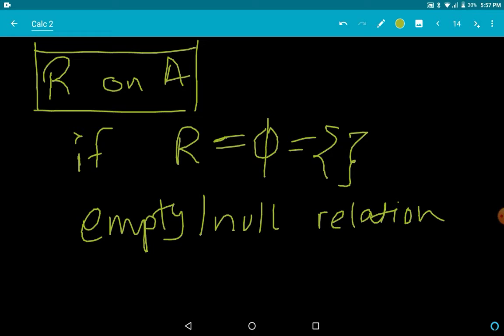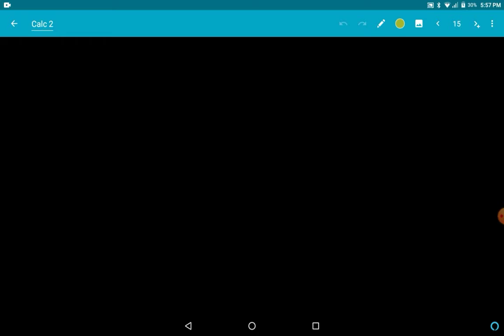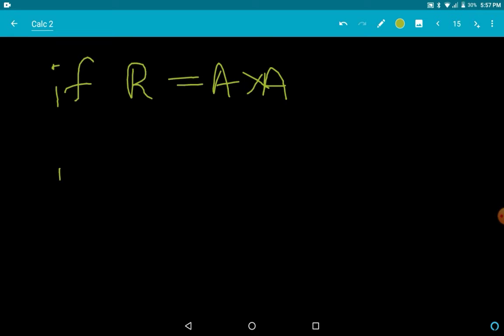Empty or a null relation. Now if R is nothing but A cross A, meaning the whole set A cross A, then we say this is a universal relation.